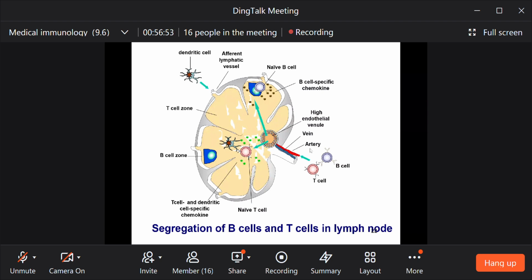There are also areas of lymph nodes called germinal centers, where B cells multiply to fight off infection. In other parts of the lymph node, there are mostly T cells. Then the lymphocytes leave the lymph node and enter the circulation to fight infection.